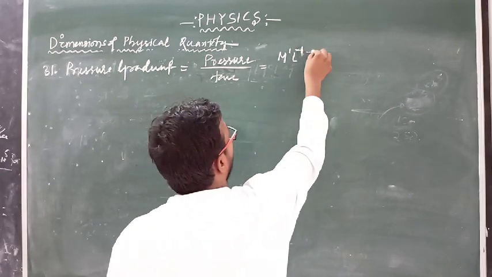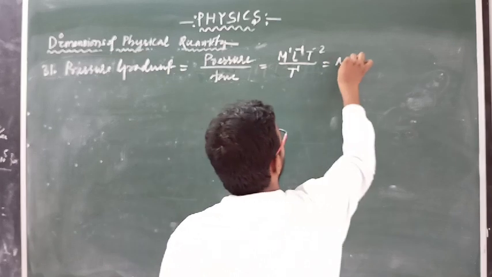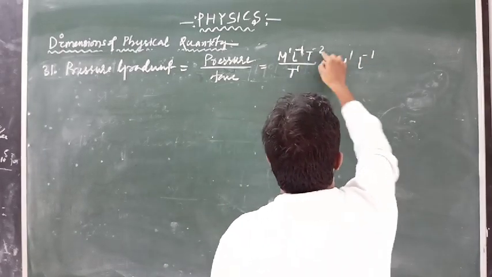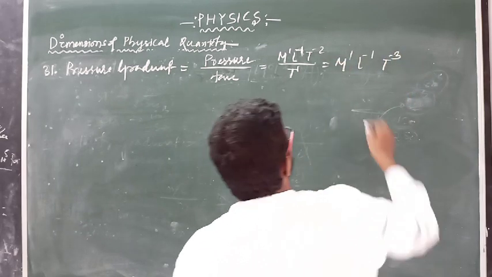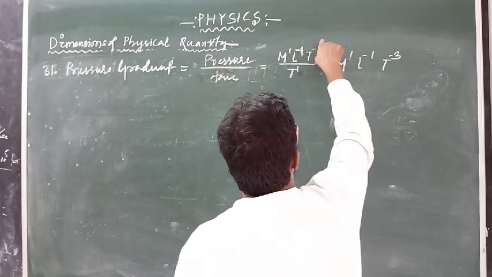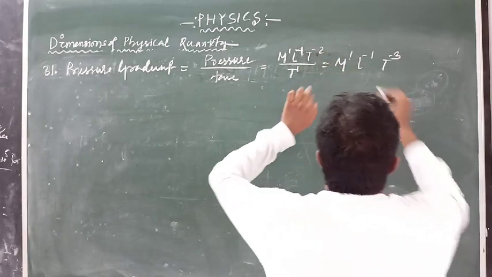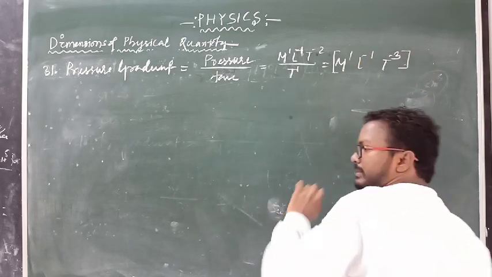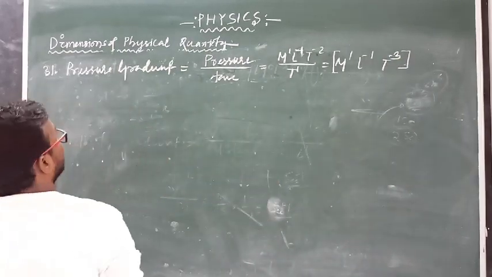M1 L minus 1 T minus 2 divided by L1, so the dimensional formula is M1 L minus 2 T minus 2, because if we take L1 to the numerator, then the power will be minus 1 minus 1. So M1 L minus 2 T minus 2 is the dimensional formula of pressure gradient.